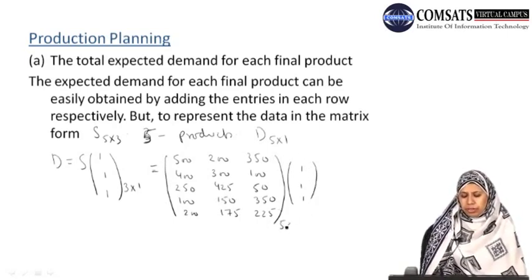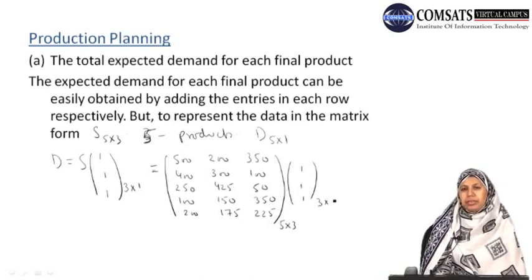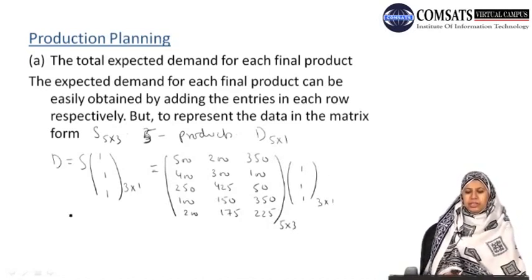So this is a matrix of order 5 by 3, a matrix of order 3 by 1, and the resultant will be a matrix of order 5 by 1.